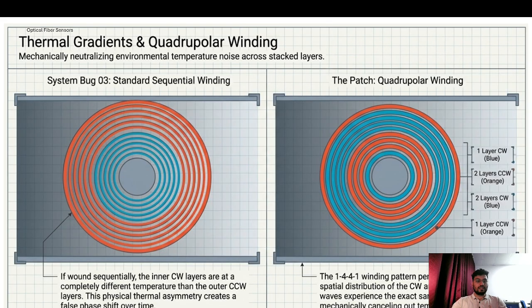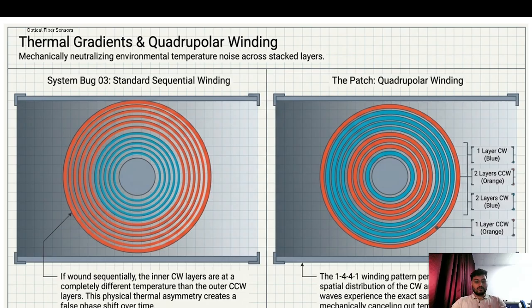Moving towards the next thing, that is thermal gradients and quadrupole winding. If it is a coil with sequential winding, the problem is that a temperature gradient will be there.